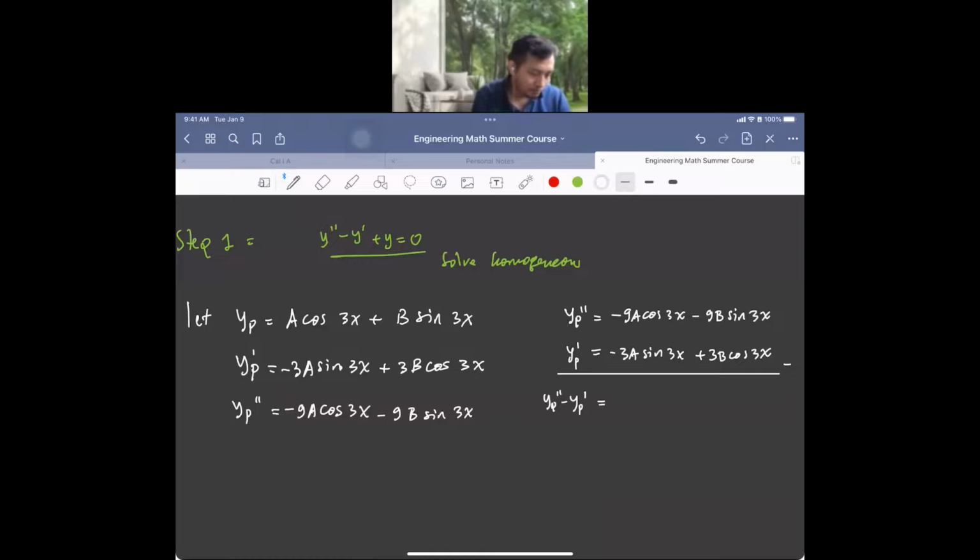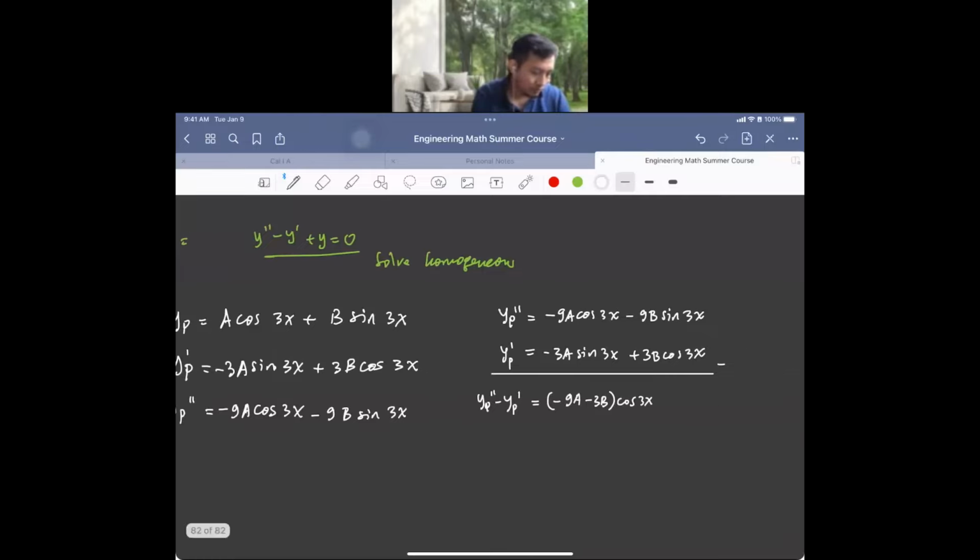We are going to have 9a for cos 3x, and let's say plus negative 9b plus 3a sine 3x.